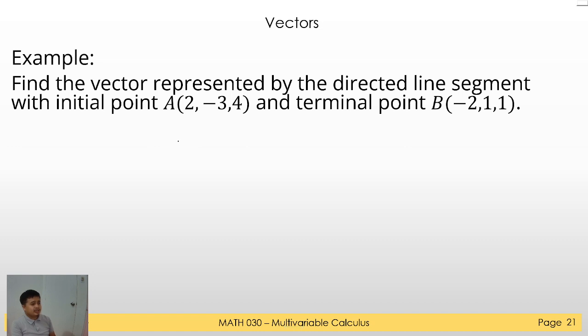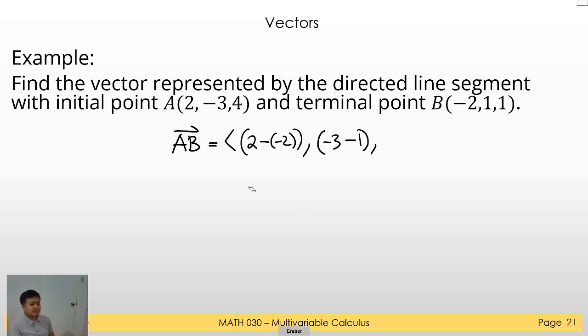So again, vector AB, connecting these two points A and B, associating it with the vector using this arrowhead. This will be equal to, we have this left angle, 2 minus -2 for the x coordinate, -3 minus 1 for the y coordinate.